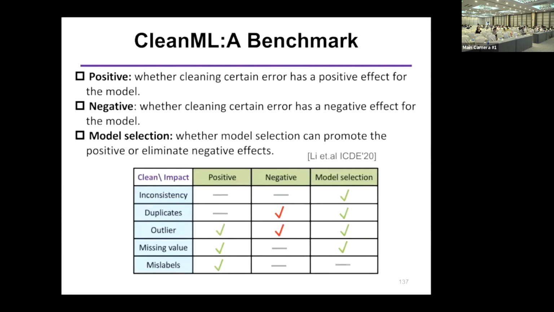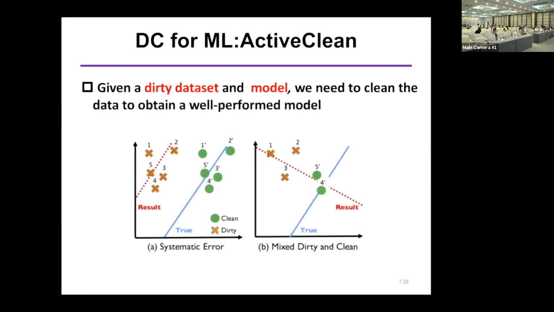What's more, making the data more consistent is not likely to influence the model, but model selection increases the probability of having positive impacts. And verifying mislabels and imputing missing values have positive impacts on the machine learning tasks. So let's see whether cleaning certain items has an impact on the machine learning models.